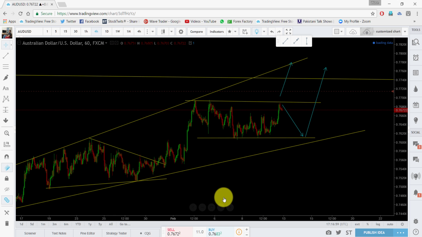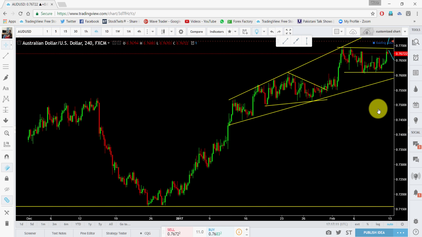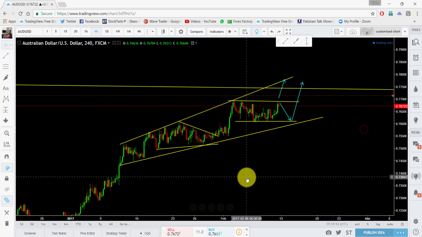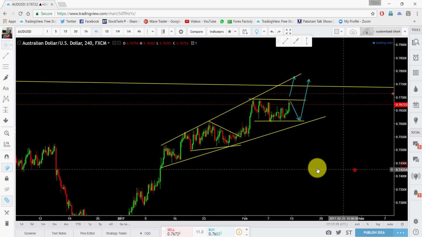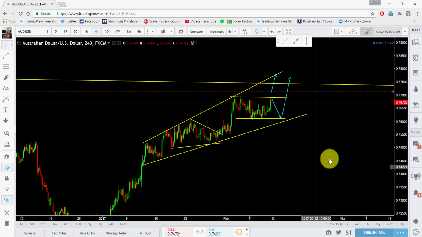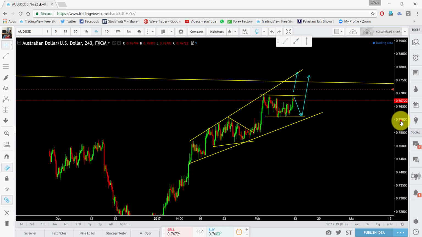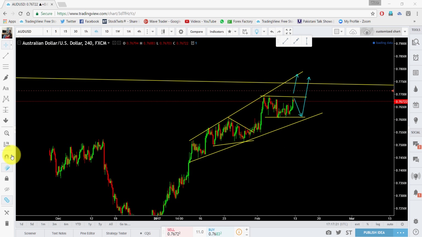Okay, so let me explain this pattern to you guys. It's taking time. Okay, so this is the pattern. The pattern formation is there, this pattern formation we can see over there.